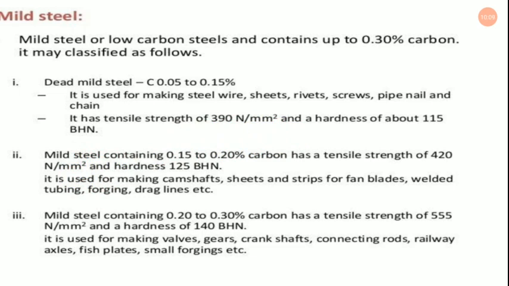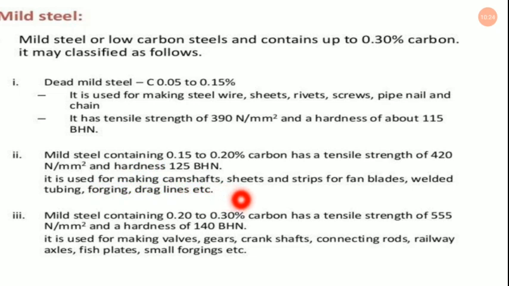Mild steel containing 0.15 to 0.2% carbon has a tensile strength of 420 Newton per millimeter square and a hardness of 125 BHN.